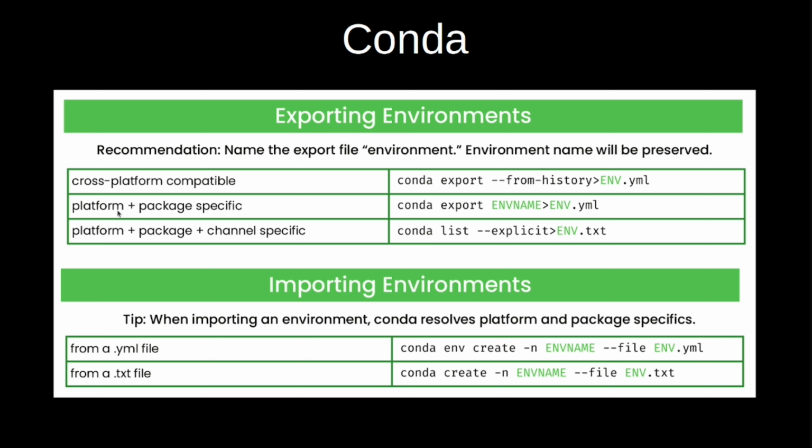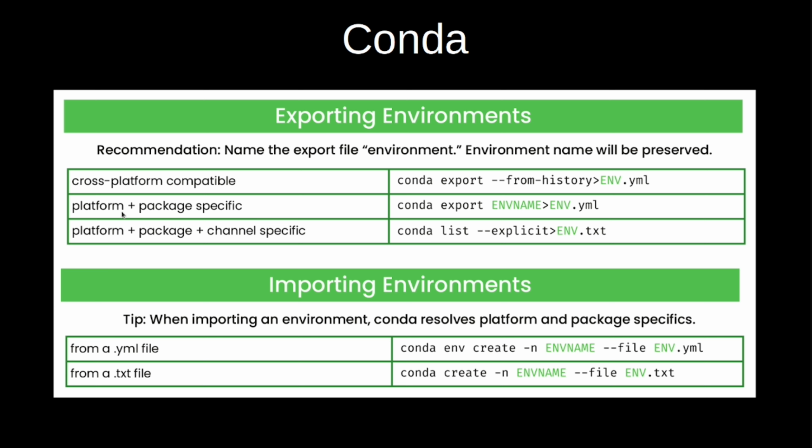And also the second way, when you do not use the --from-history attribute, not only restricts the platform but also the packages. Why? Because it adds information about the packages, and it's exactly that information that makes the recreation of the environment from this kind of YAML file specific to the platform, because for every platform you have specific packages.